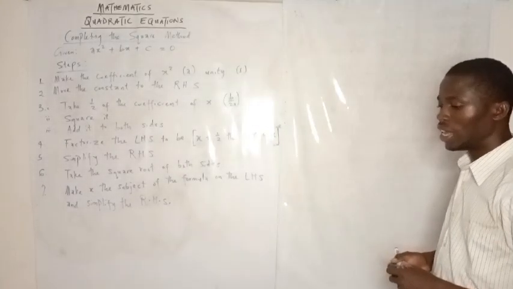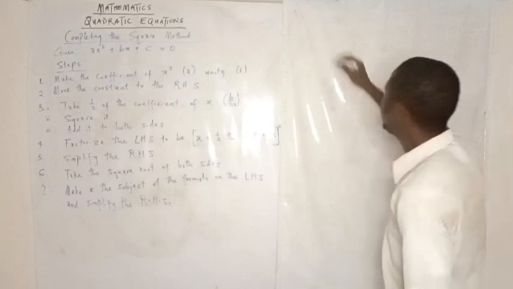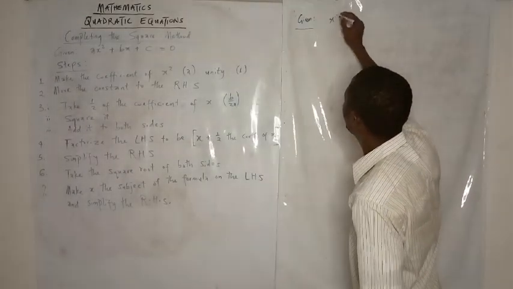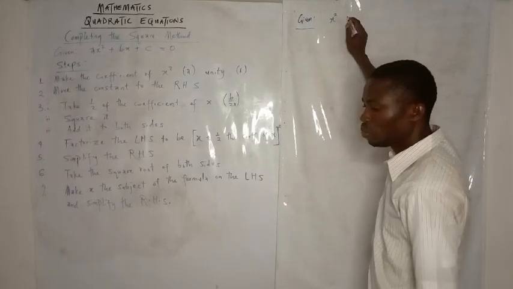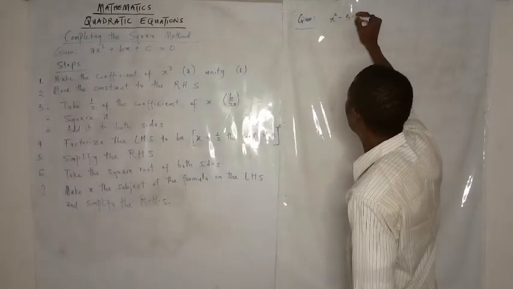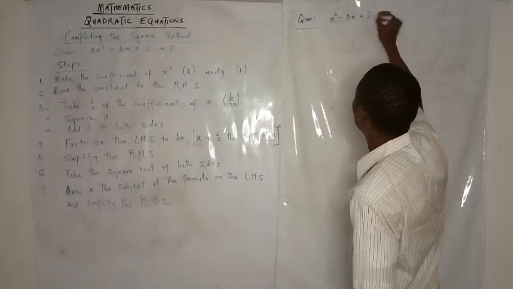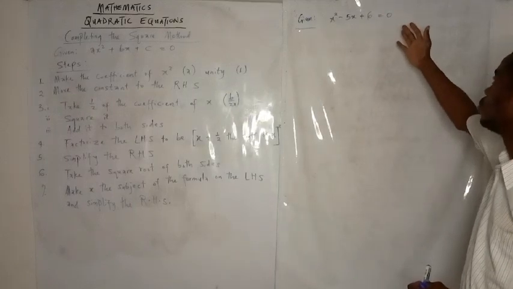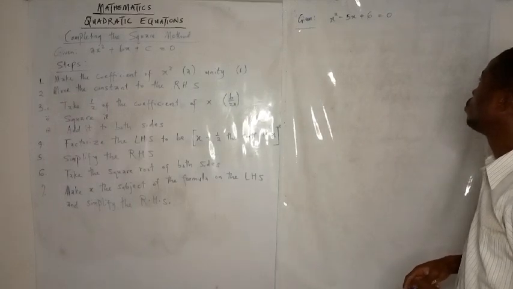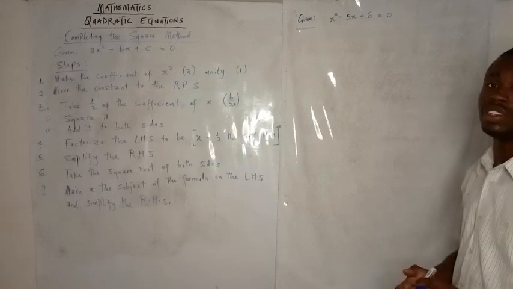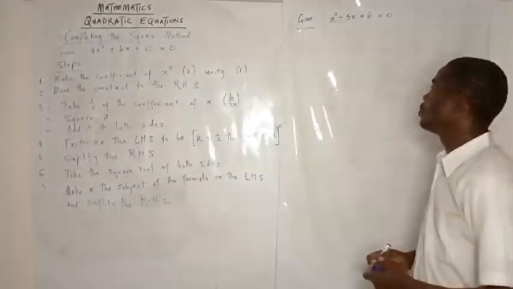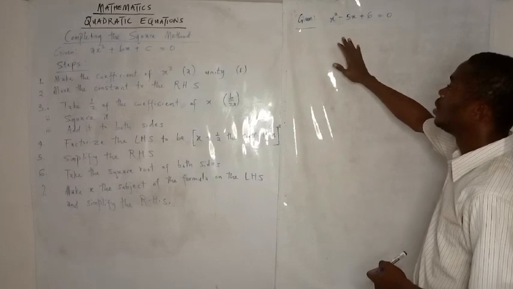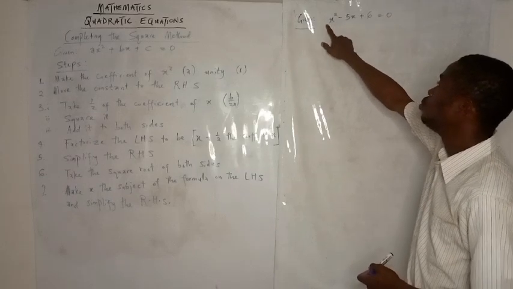For instance, let's say we have a given question. Let's say we have x squared minus 5x plus 6 is equal to 0. So let's assume we want to solve this given quadratic equation using completing the square method. So step one is that we make the coefficient of x squared unity.